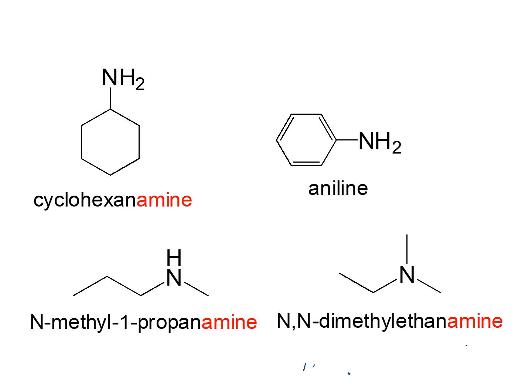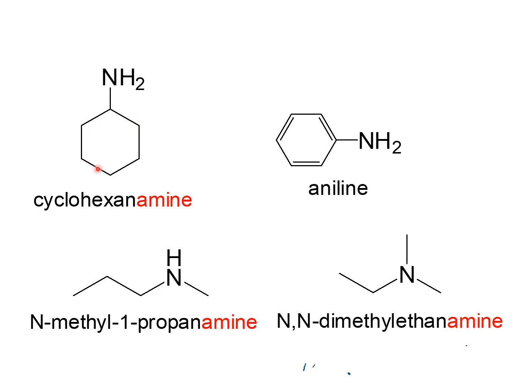So you now know that if you have amine as your priority functional group, the name should end with amine. In this case, you can see that we have cyclohexane here. Don't ever confuse it with benzene, because for benzene we have another ring inside.